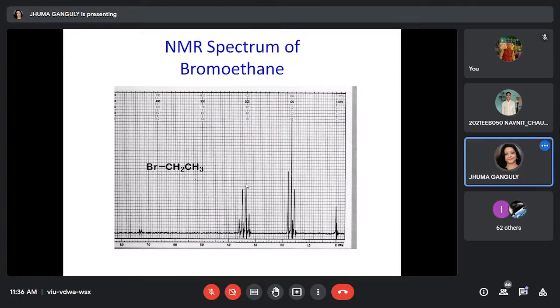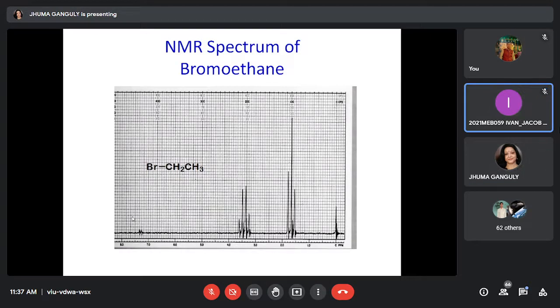Now, suppose this one: bromoethane, I just took as a general example, and here is the NMR. You can see this is the signal for the TMS at 0, and then we will get these two sets of signals. We have only two types of protons, CH3 proton and CH2 proton. For the CH2 proton, methylene proton, how many neighboring protons? 3. So by the n+1 rule, n is equal to 3, so it has 4 peaks.